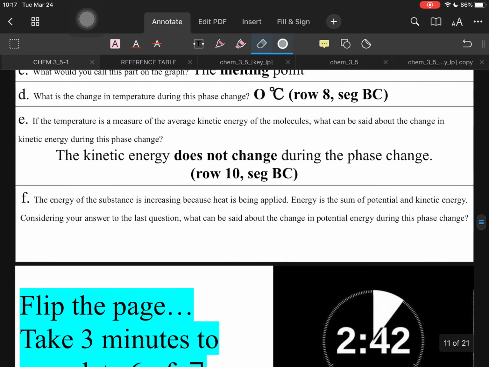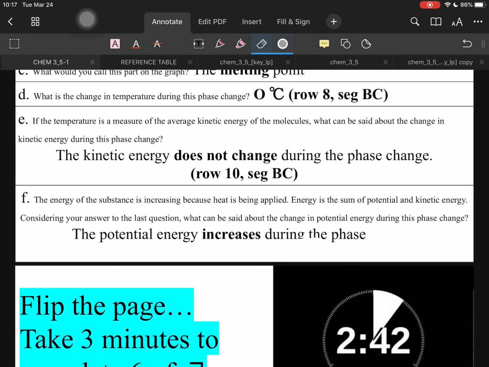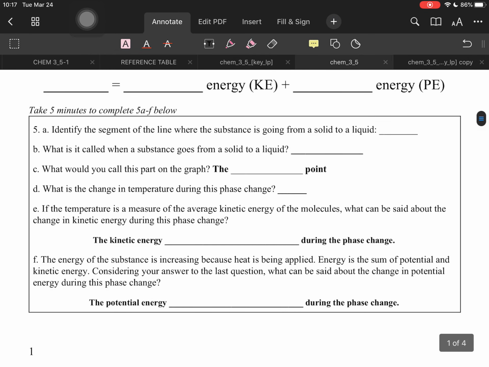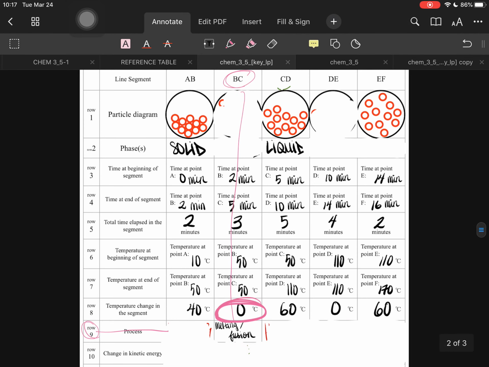And lastly, the energy of the substance is increasing, because we're giving it heat. Heat is energy. So if we're increasing the energy, but it's not kinetic energy, then it has to be the potential energy. So these are rows 10 and 11 for BC.